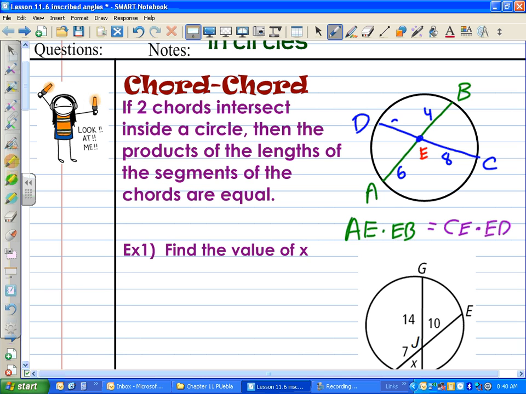I can find out what this one is right here. You would do 6 times 4, and then you would do 8 times x. So you wouldn't know what that is. And so that one would be 3, right? You divide by 8, and you're done. That's all this is. But you need to remember it, because they're not going to give that to you on a test.